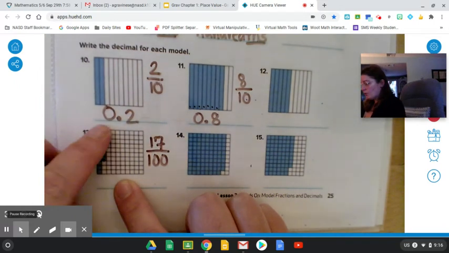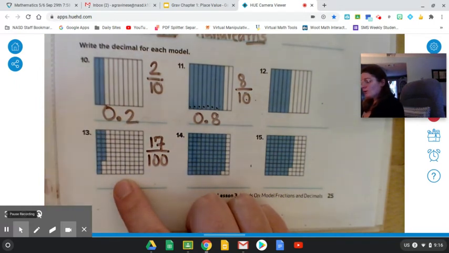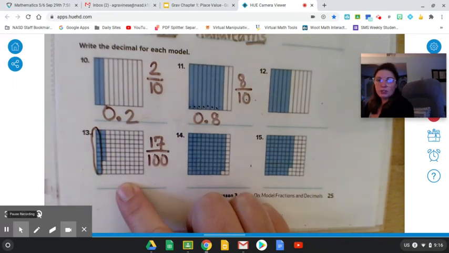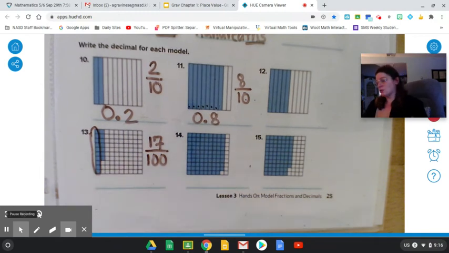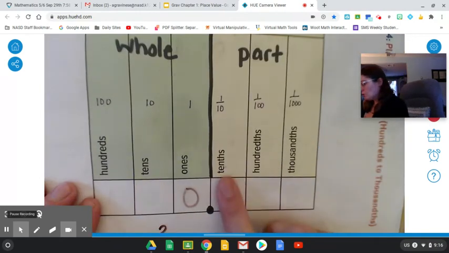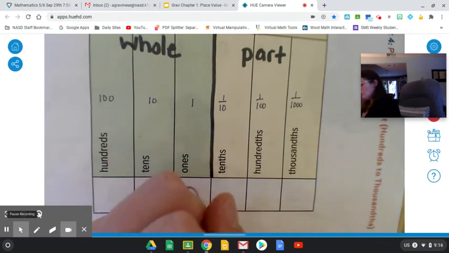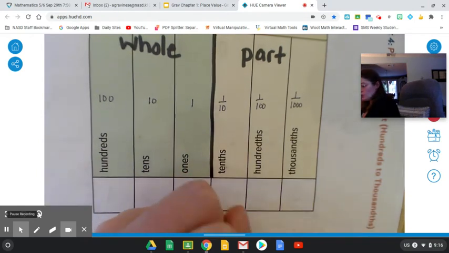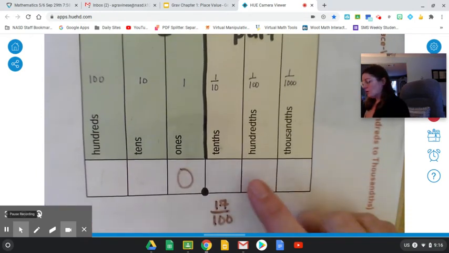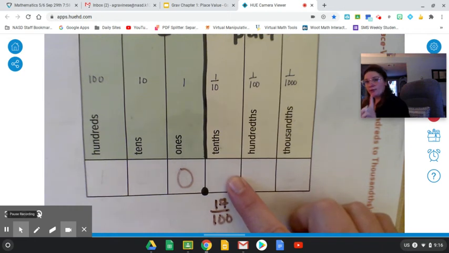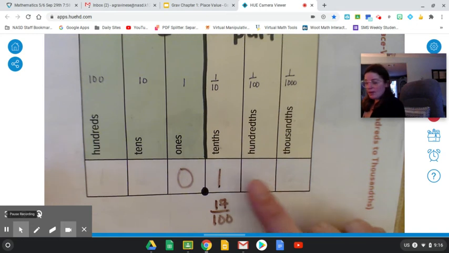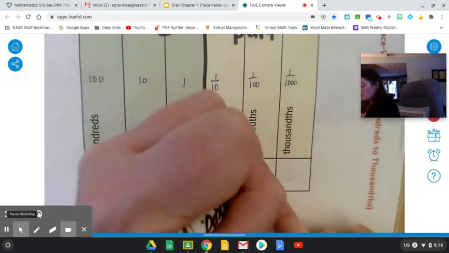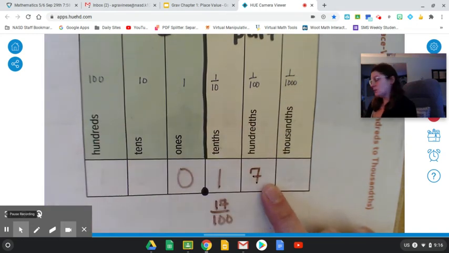Now, I want to point something out to you. We have an entire column of 10 that's shaded in. And then we have 7 extra pieces. Well, let's see how that looks on our place value chart. So if we have 17 hundredths, we had one frame of 10 colored in, and then we had 7 extra little hundredths pieces.